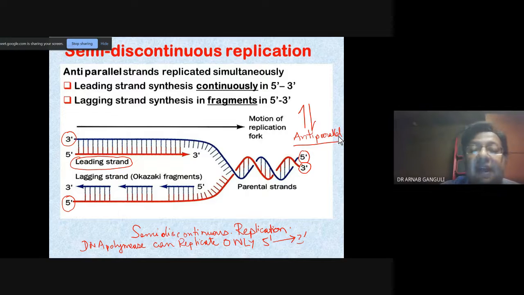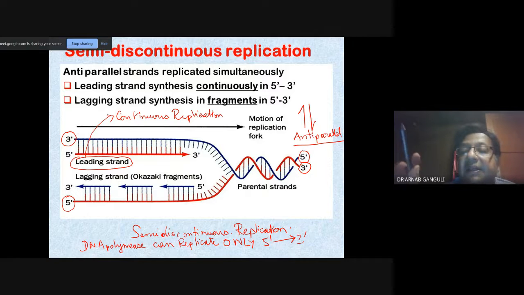Now this is actually perfect. It is a leading strand, and that has got no problems. And therefore, in this leading strand, what you find is continuous replication taking place. But now a problem takes place.